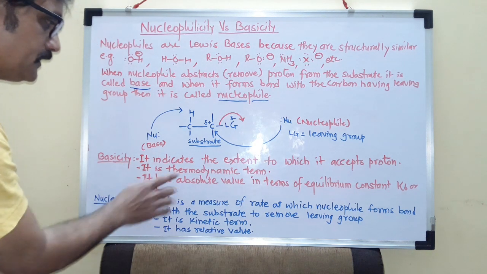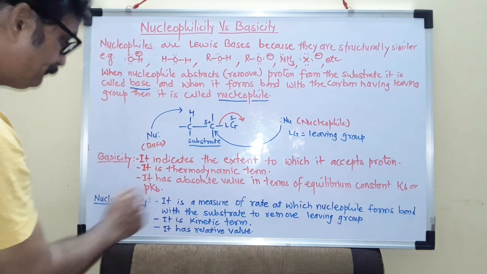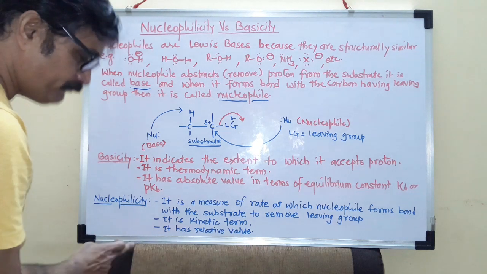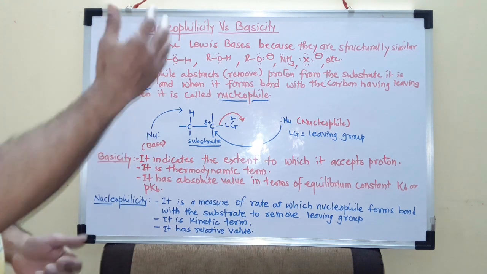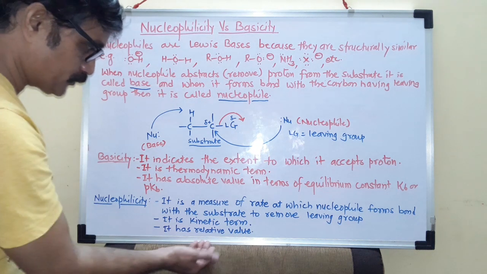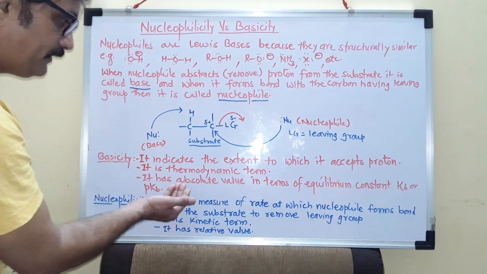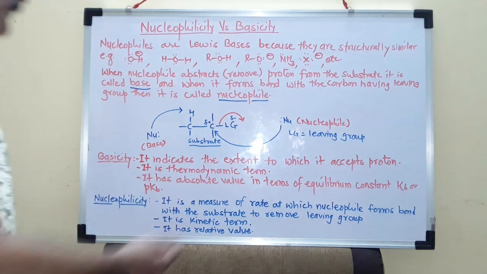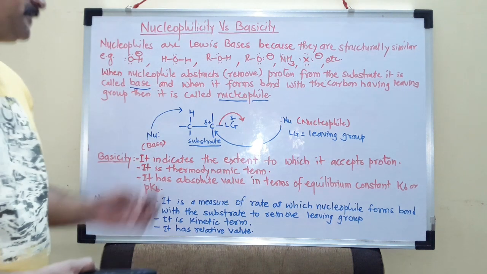See the difference: basicity is a thermodynamic term and nucleophilicity is a kinetic term. Nucleophilicity has a relative value, which means we have to compare with a standard and take the ratio, while basicity has a fixed absolute value, which we can find out by using certain instruments. So this is the difference between nucleophilicity and basicity.